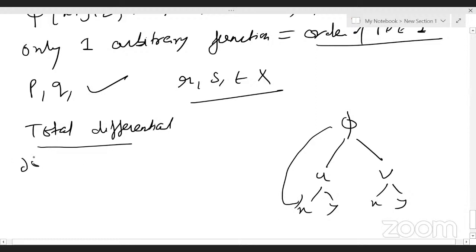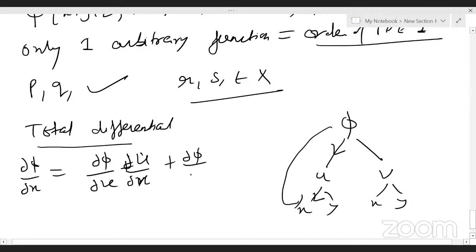If I want to find del phi by del x, it will always be equal to del phi by del u into del u by del x, plus del phi by del v into del v by del x. That is the sum of the branches containing x.